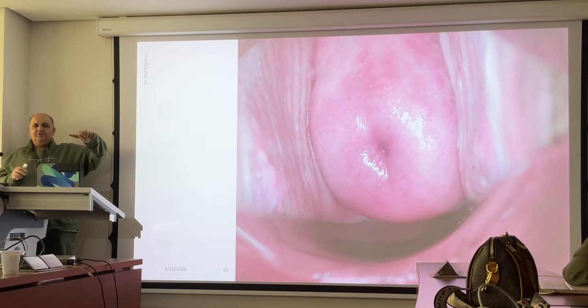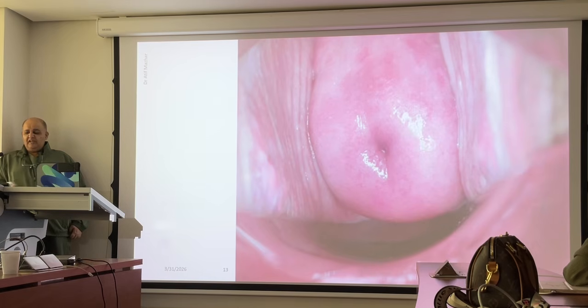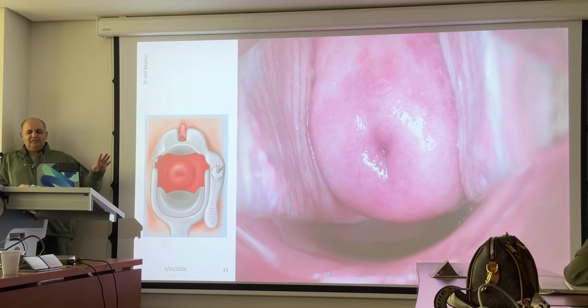You open it up and you take the scraping, send it to the lab. So you are looking at a cervix. When I look at this cervix, I can see she's nulliparous. Nulliparous means maybe 1 child or maybe no babies yet. So this is that instrument, the colposcope.